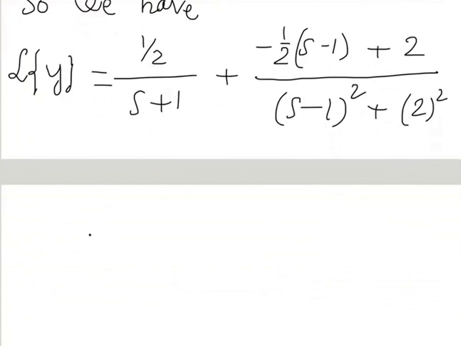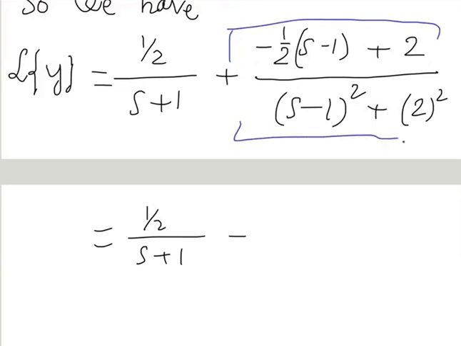And we need to use the inverse Laplace transform to solve for y. First, let's split for the irreducible quadratic. We need to split into two pieces. One will give us cosine and the other gives us sine.